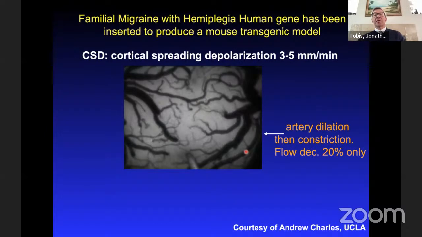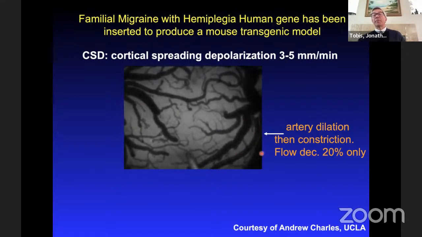So when I was in medical school, I was taught that migraines were due to vasoconstriction, which decreased blood flow, and that if the vasoconstriction was excessive, you would get a stroke. And that's why you got migraine in people who had stroke. That theory has gone out the window. The amount of vasoconstriction is only about 20%, not enough to cause an infarction.